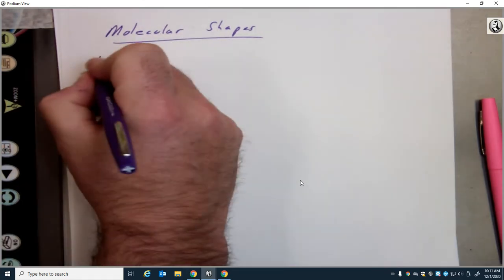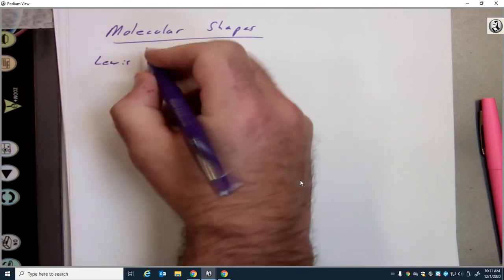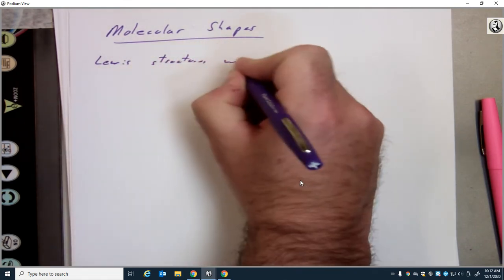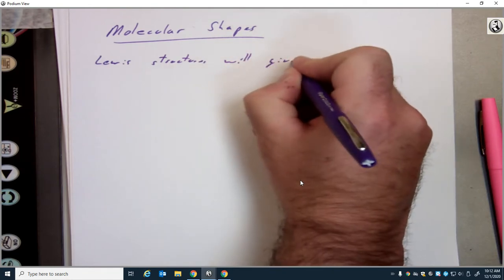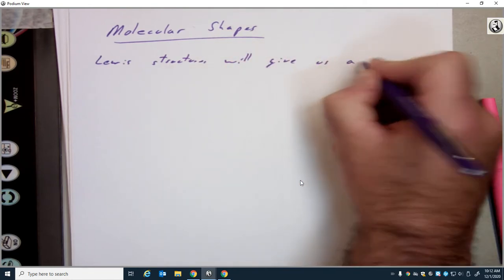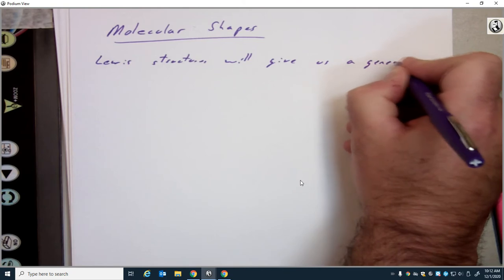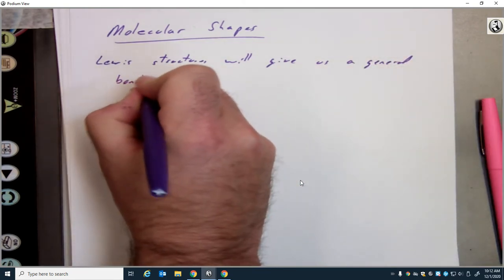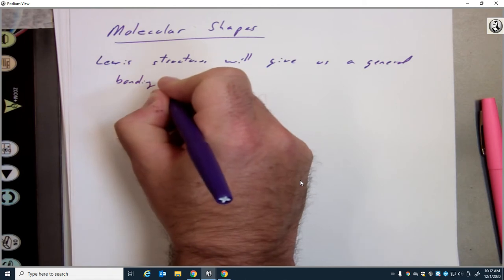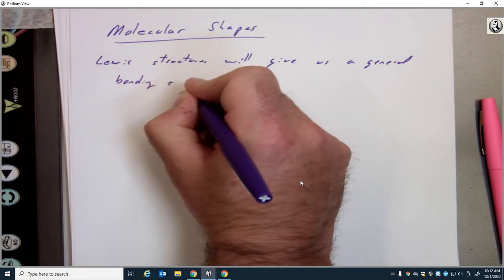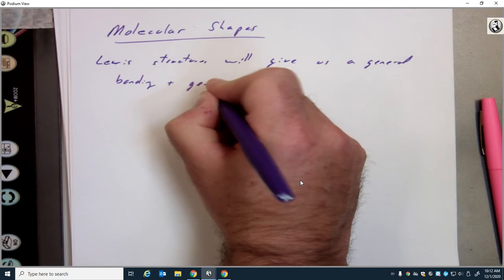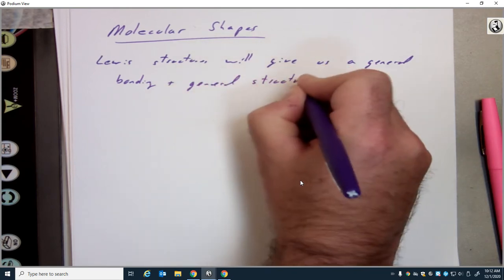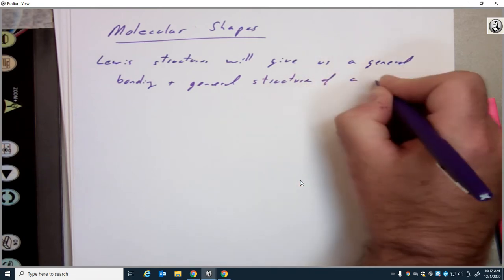So our Lewis structures, or our dot diagrams, will give us a general bonding and general structure of a molecule.